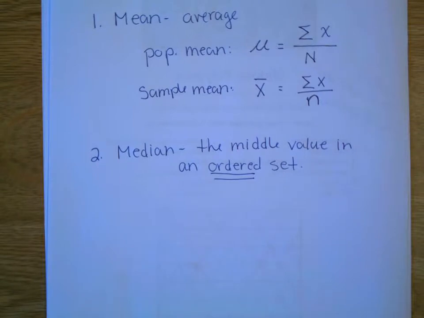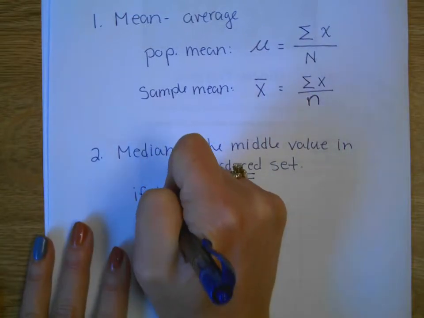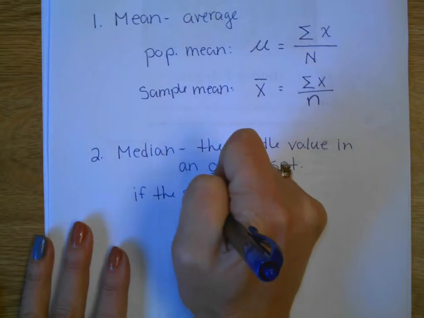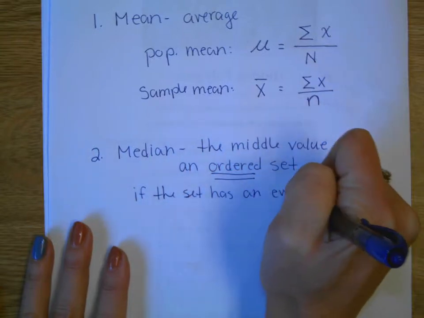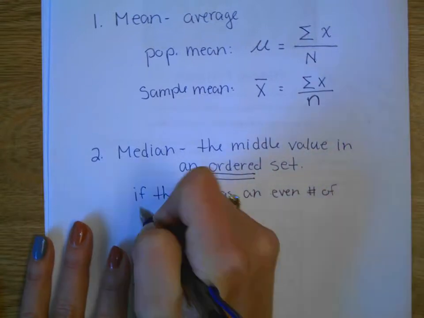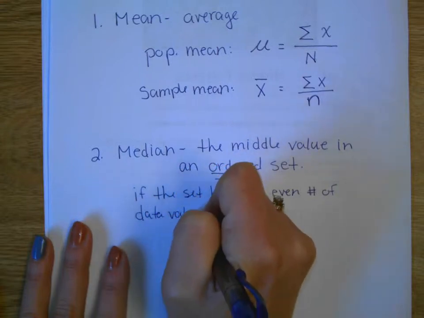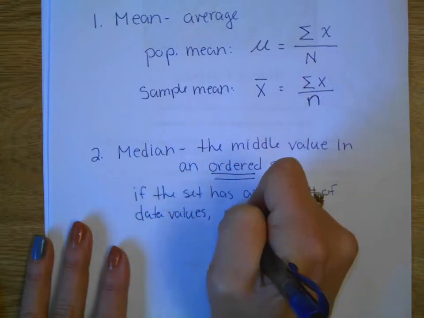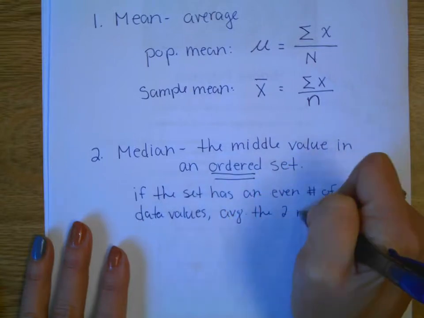So if the set has an even number of data values, average the two middle ones.